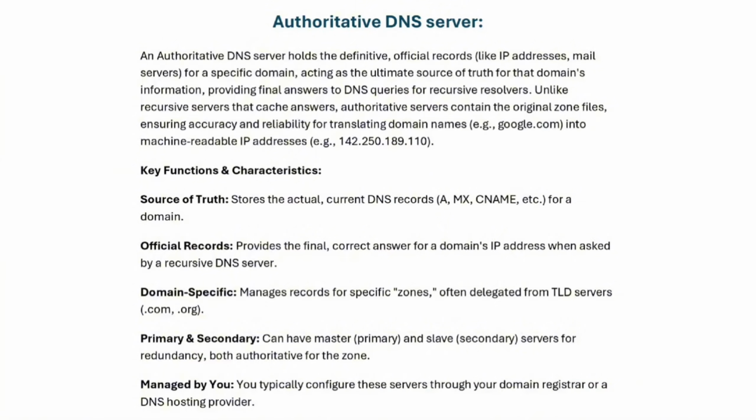Primary and secondary: can have master primary and slave secondary servers for redundancy, both authoritative for the zone. Managed by you: you typically configure these servers through your domain registrar or a DNS hosting provider. So, source of truth, official records, domain specific, primary and secondary is what I have explained.